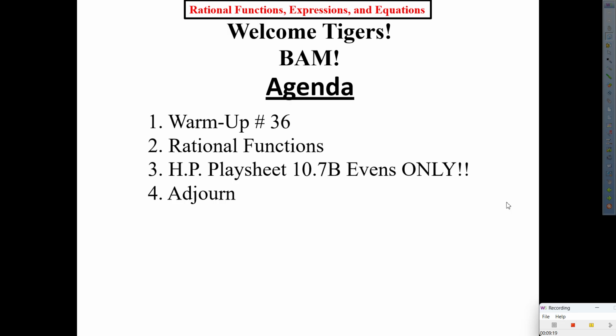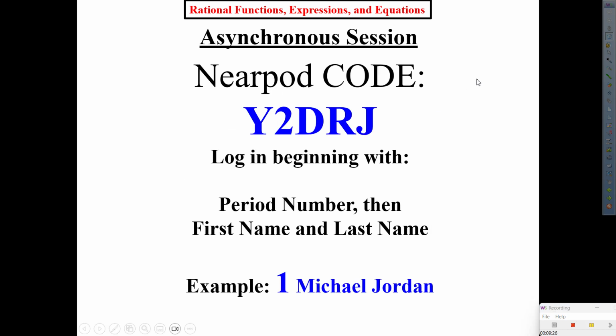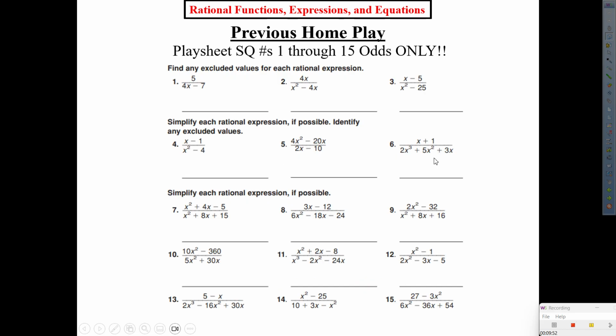All right? So, copy the code to access the homework for tonight. Write that down. Y2 DRJ. So, last night's homework looked something like this.